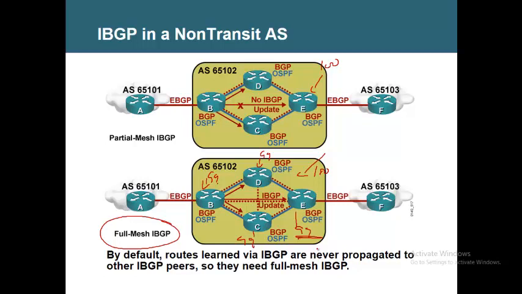Think about the process utilization of maintaining and sending keepalives and updating the new packets with the attributes. Not easy. Full mesh configuration is also not easy. 99 neighbors you need to configure, whereas partial mesh is only 2 neighbors.